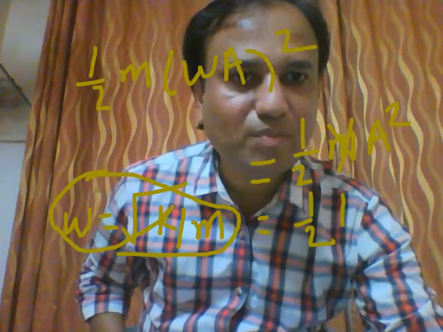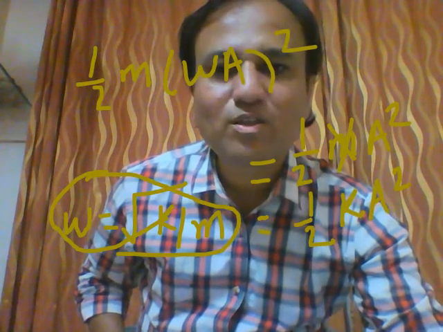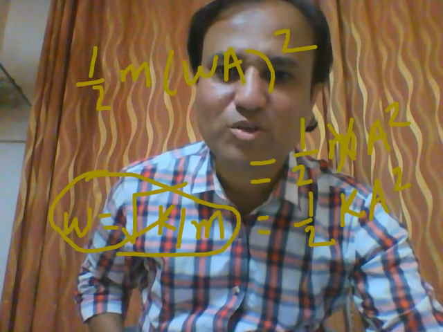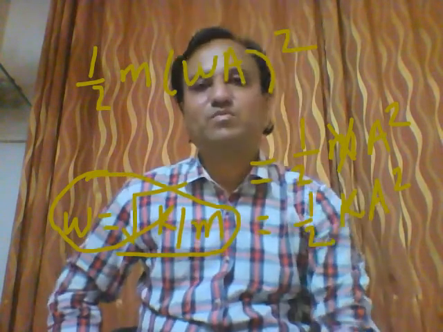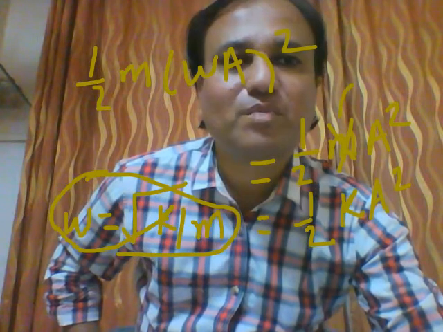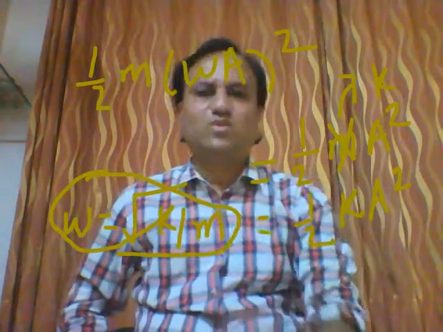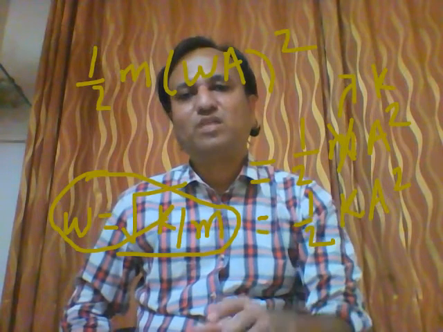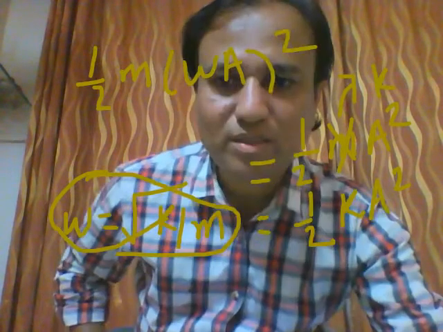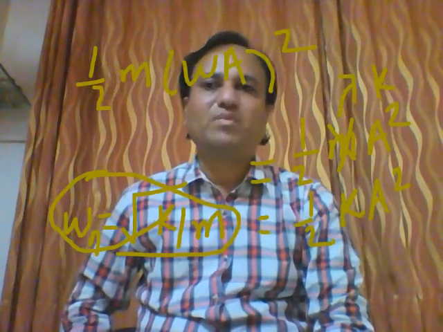P max is 1/2 k a square. So we will get this relation: omega is equal to square root of k by m. There is a mistake, it is not m here, it is k. So simplify, and we will get omega or omega n equal to square root of k by m.